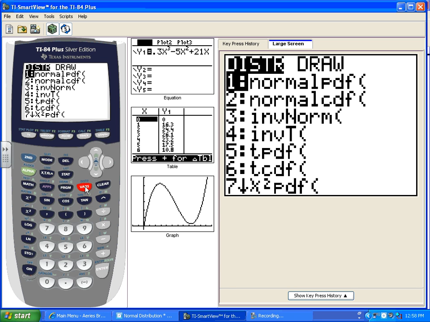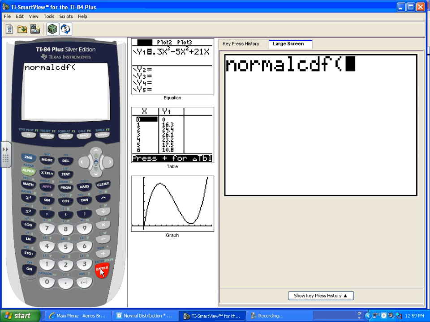These are the easy ones. Okay. We want a normal. You will never use normal PDF. Everything we will use is normal CDF. Okay? Normal CDF. I told you go from left to right. Always left to right. I want you to hit normal CDF right now to pull up something like that.